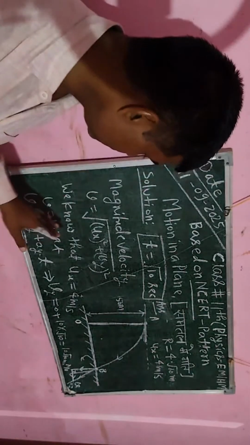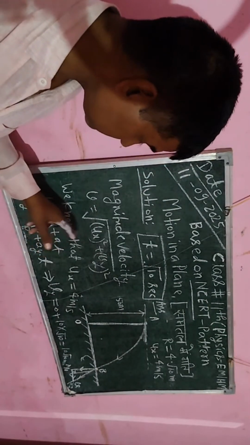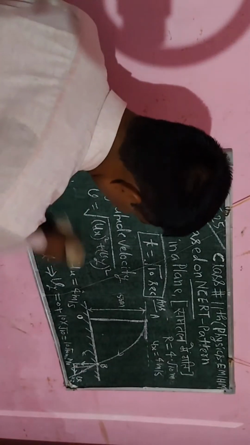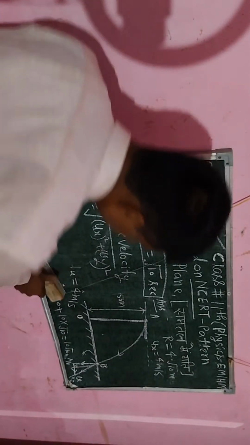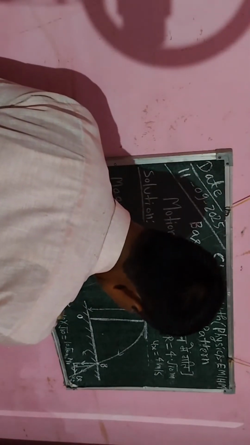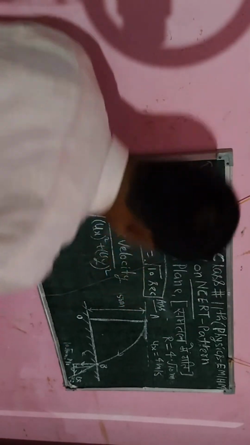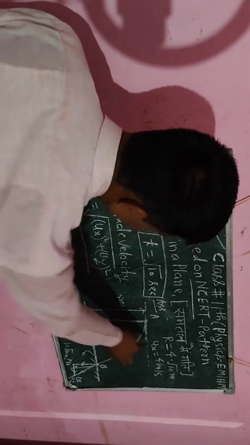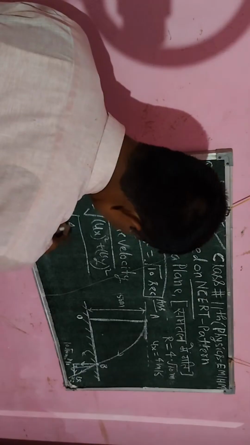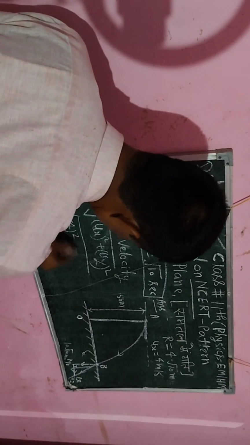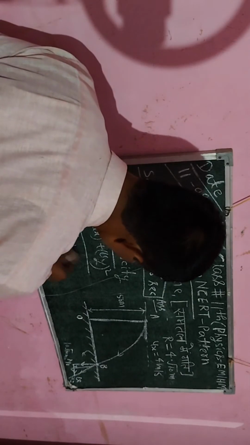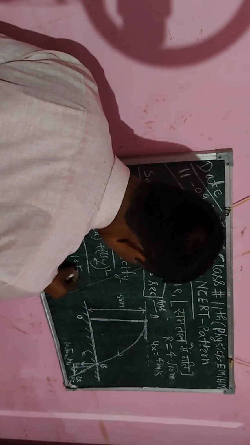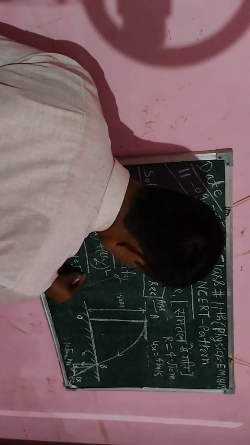I am going to erase the unwanted data and use the necessary data. So the value of ux that is given here is 4 meter per second. I will put this square, and the value of vy that is given, 10, whole square.